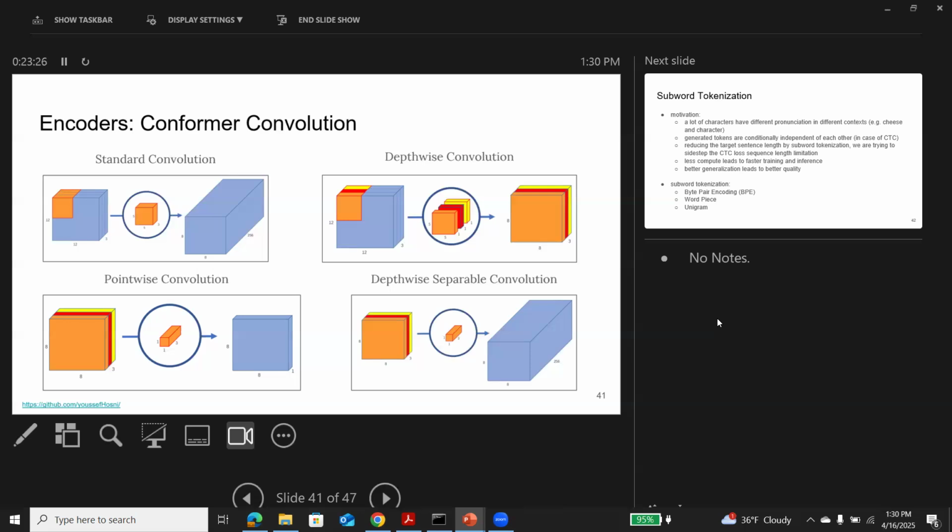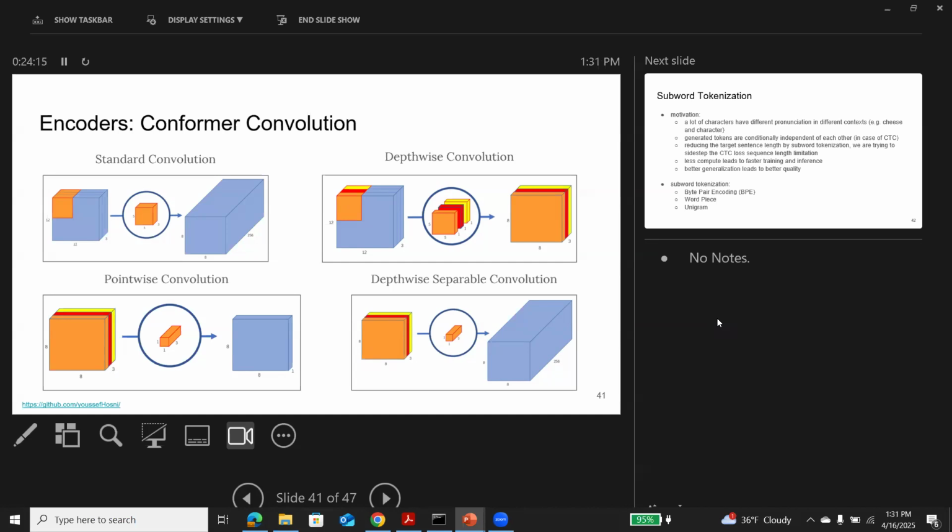If we want to get 256 channels with depth-wise convolution, we apply our channel-wise filter, which is 5 by 5 by 3, plus 3.